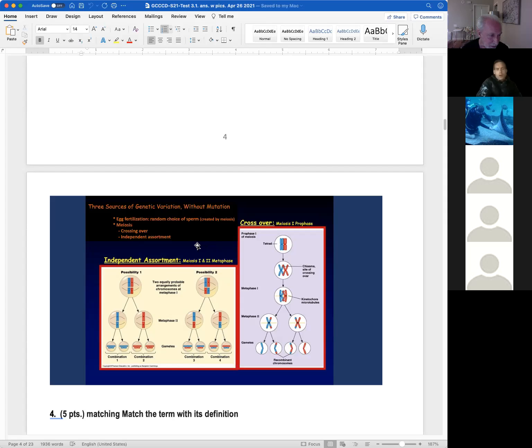Then finally, another source of variation is fertilization. When an egg is fertilized, the choice of sperm is entirely random. So out of millions of sperm available, only one actually fertilizes the egg. And remember that each egg is a gamete. Each egg is genetically unique.